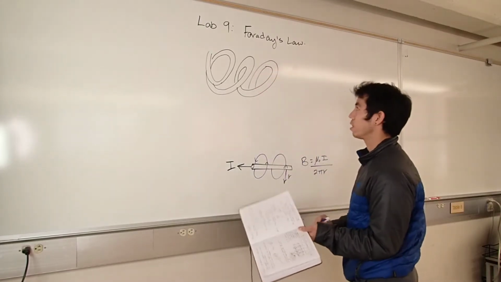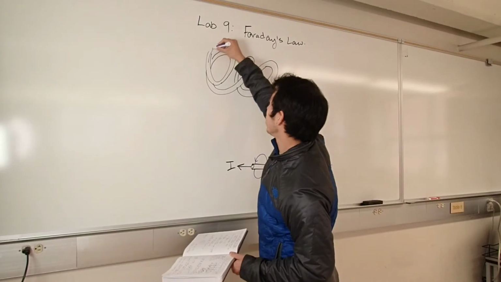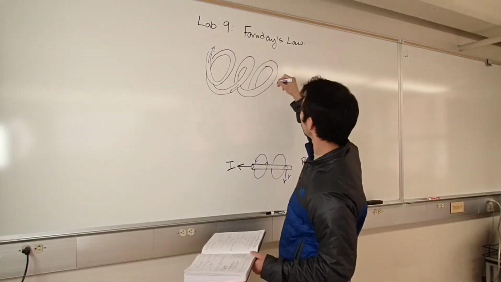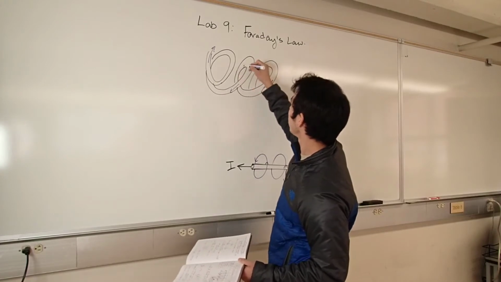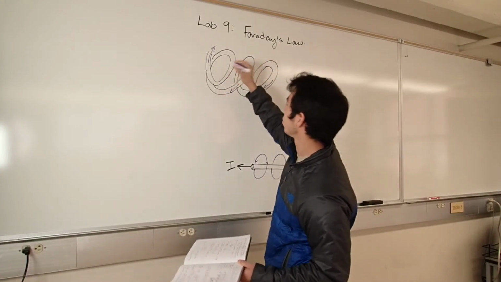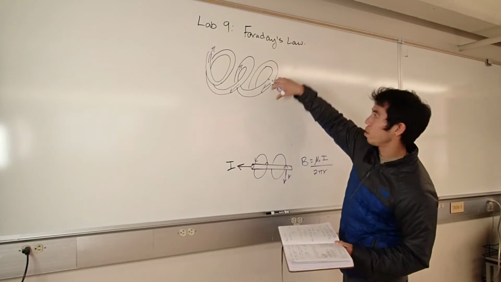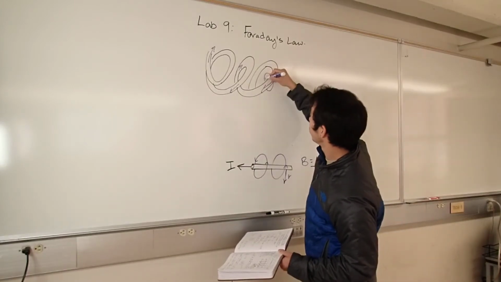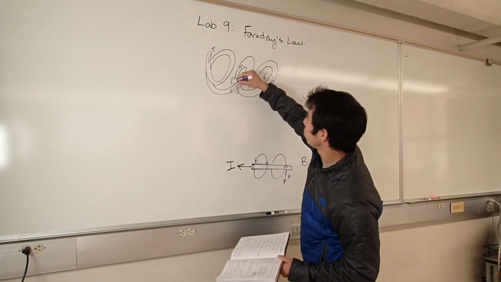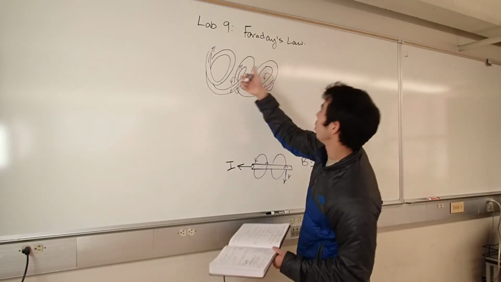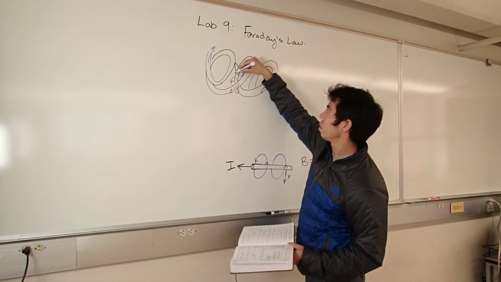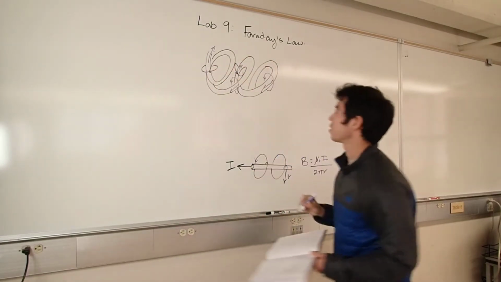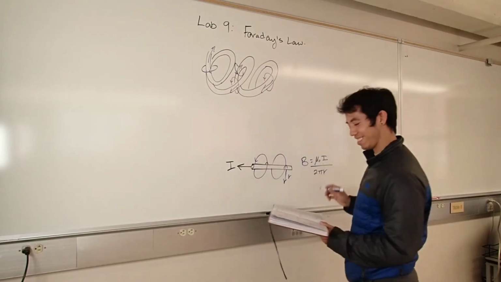You can imagine that the current is still pointing along the direction of the wire, going up and down. At every point along this wire, we have the magnetic field curling around, and on that side it goes the opposite way. It's kind of confusing, but you get what I'm going for.